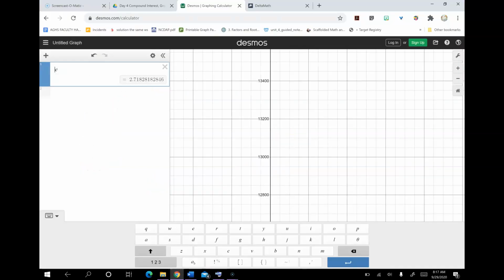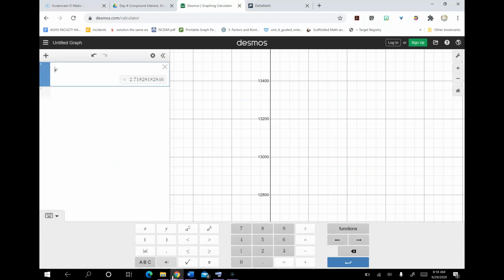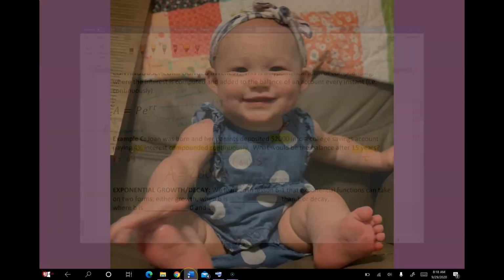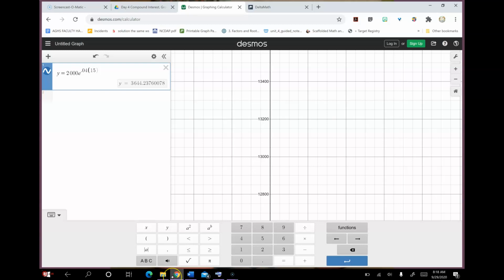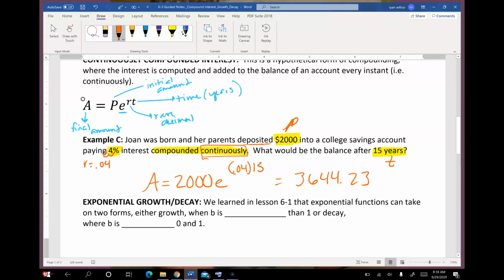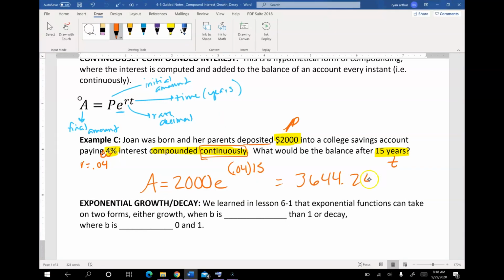Y equals 2,000 times e raised to the 0.04 times 15. So I would have $3,644.24. Was it 23 cents? 24 cents. Got to round. You want all your money.